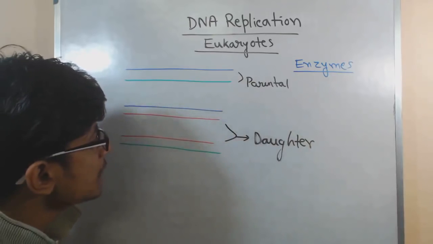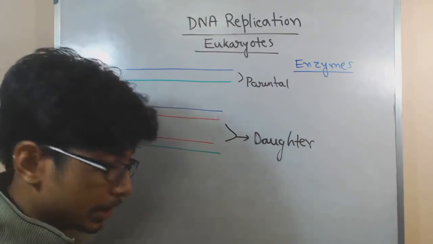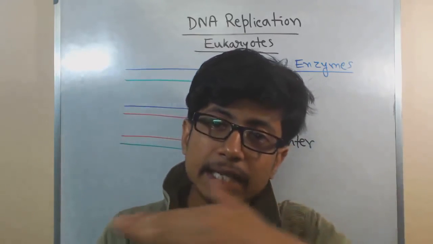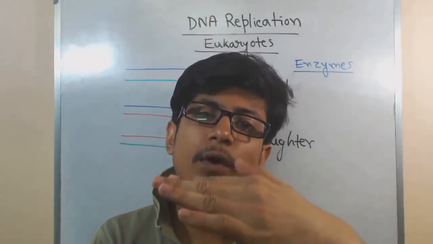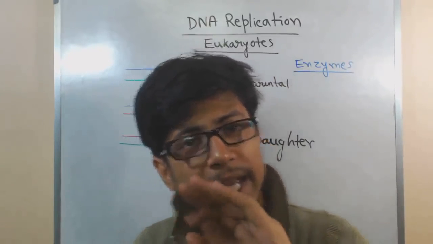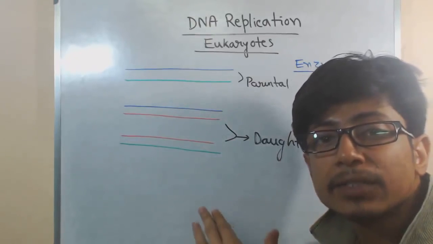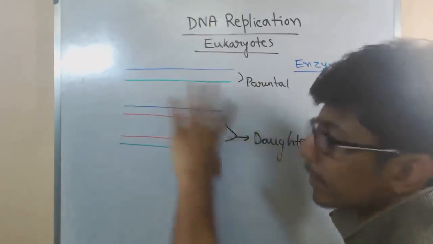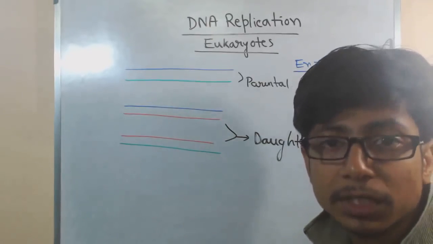Now, during this process, there is a directionality of replication. For synthesizing a new strand of DNA, we need to separate the old strands from each other. So in any DNA replication, it's very important to separate the parental strands first. We need some enzyme to separate the parental strands from each other.